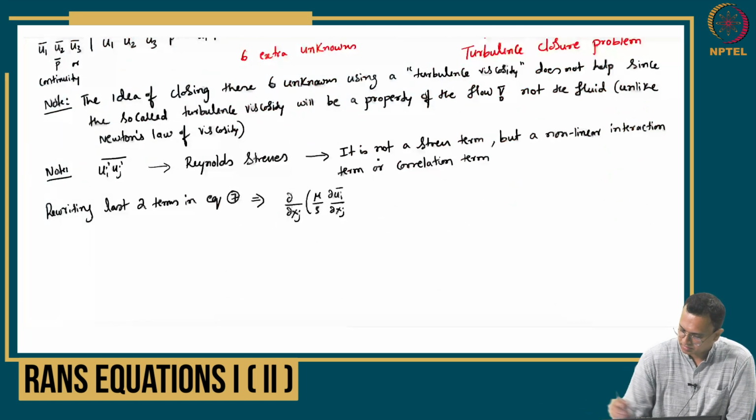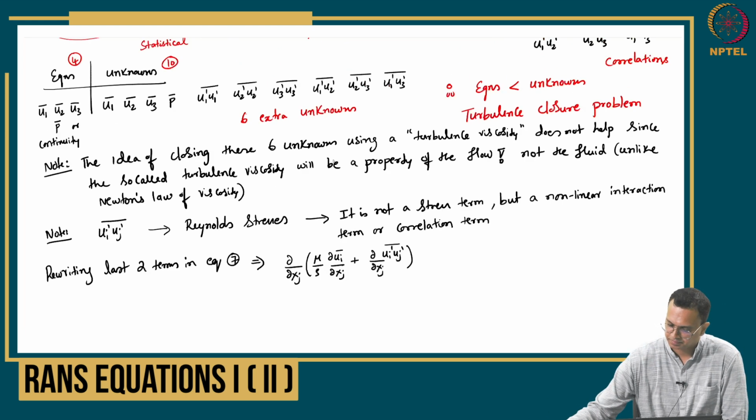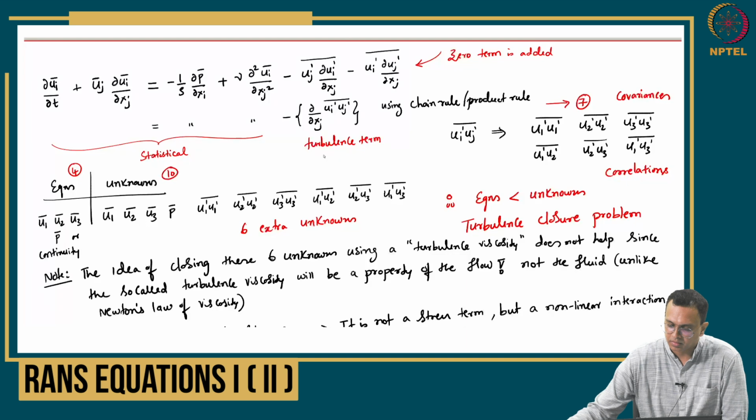Both are minus, yes, plus I have, sorry, d by dx j of ui prime uj prime over bar. The mu by rho, yes.